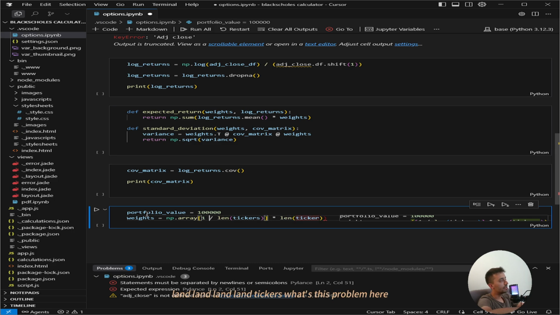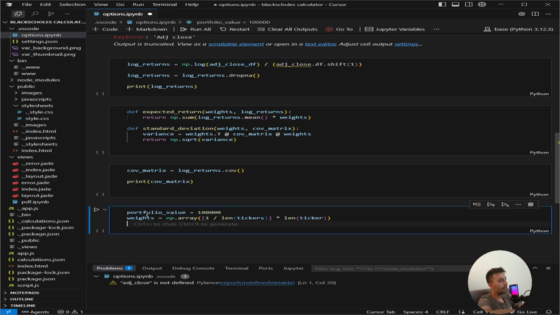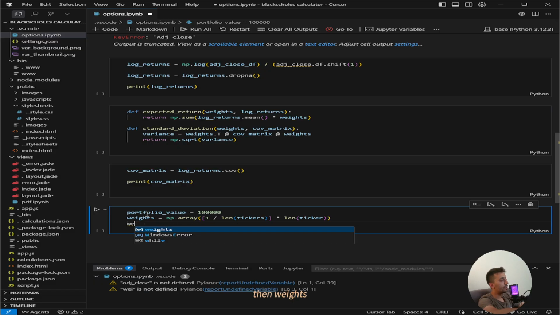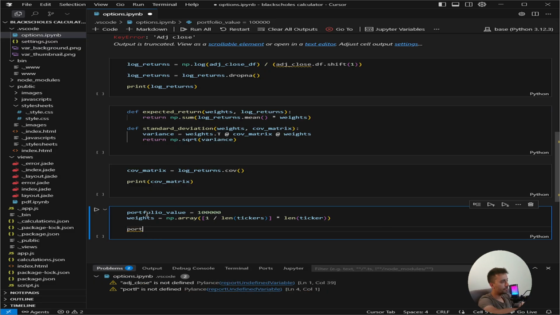What's this problem here? Then weights. We already defined our weight portfolio expected return. Portfolio expected return is weights and log return.